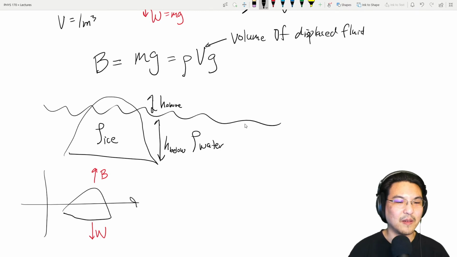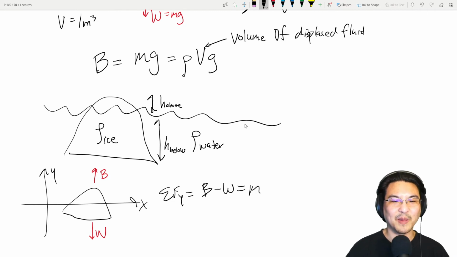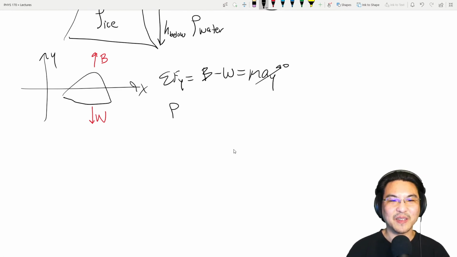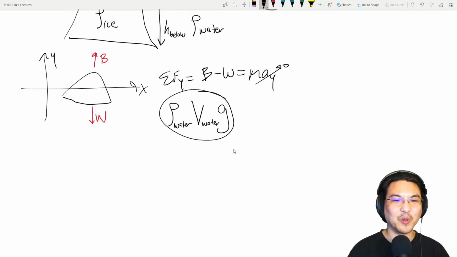So, summing forces in y: buoyant force minus weight equals mass times acceleration. This could be accelerating, but for this example, it's just sitting there static, so the acceleration is 0. What's the buoyant force? It's the weight of the displaced fluid. So density of the water, times the volume of the water that's displaced, times g. So this is buoyancy.